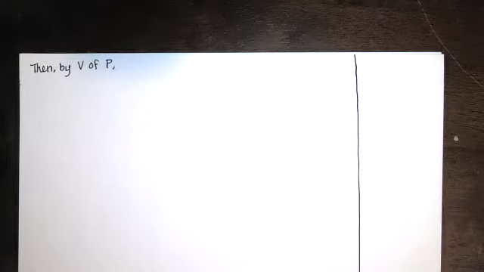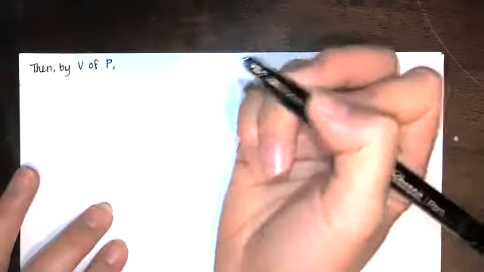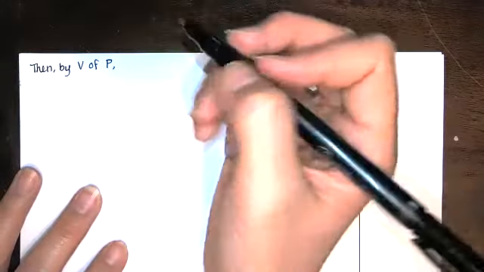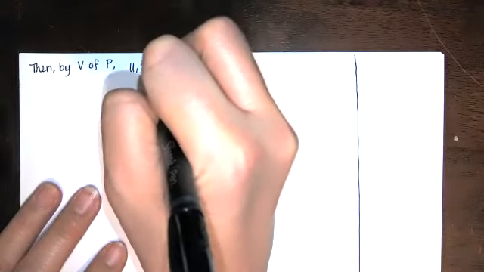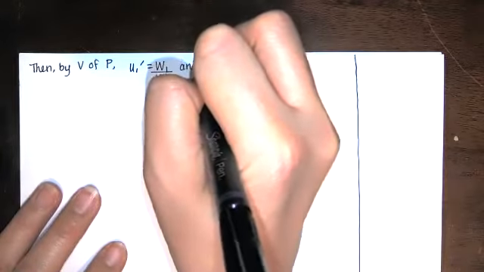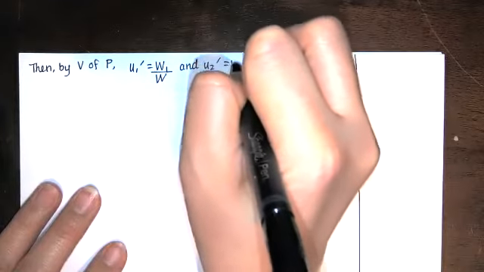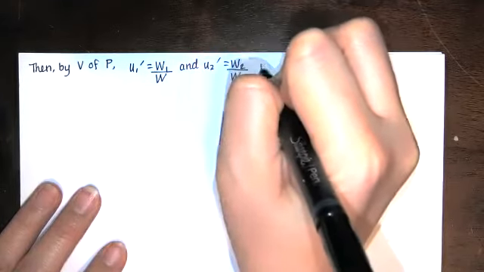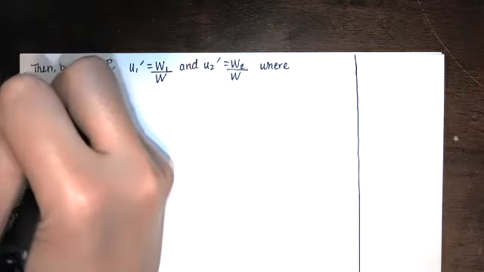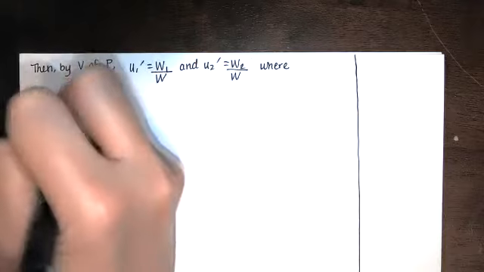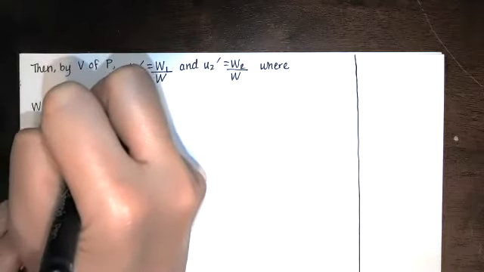And then the solution of that system of two equations and two unknowns leads to the following formulas for u1 prime and u2 prime. u1 prime is equal to w1 over w, and u2 prime is equal to w2 over w, where w is the Wronskian of those two functions, y1 and y2.